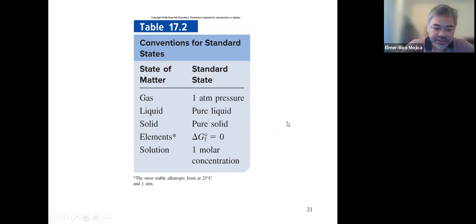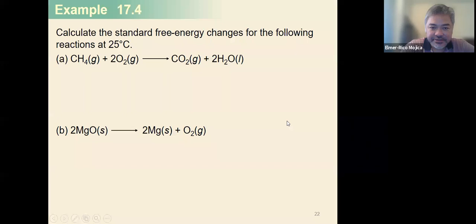So let's look at the standard free energy changes for the following reaction. Again, I'm going to give you the values and try to calculate it on your own. So you have here negative 394, negative 237.2, this one is negative 50.8.